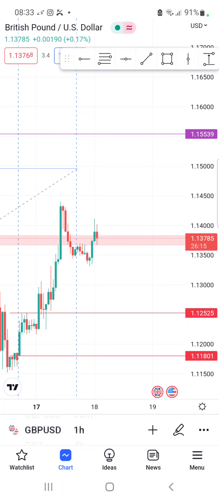If you're placing your buy, you place your buy and stop loss below the lowest point that was formed between 8 and 12, right?